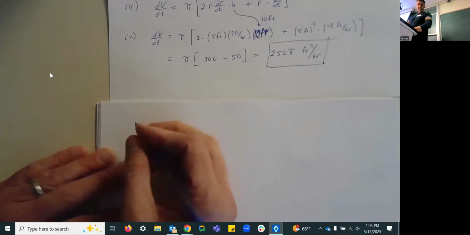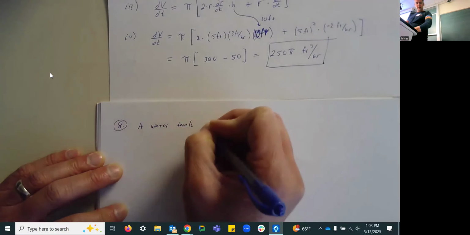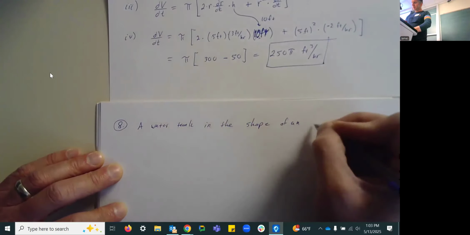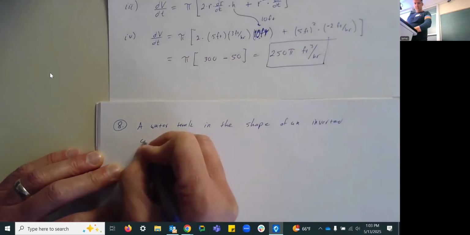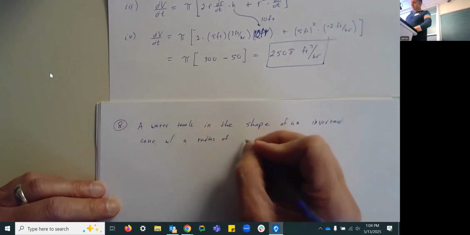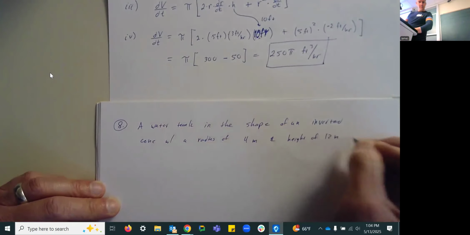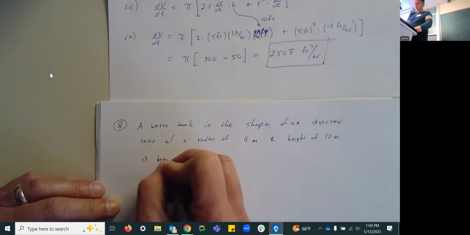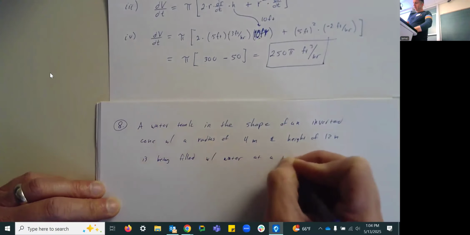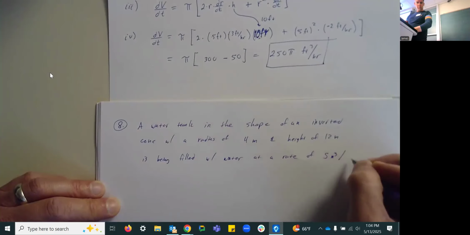So here's our next example. A water tank in the shape of an inverted cone, meaning pointy side down, with a radius of 4 meters and a height of 12 meters is being filled with water at a rate of 5 cubic meters per minute.